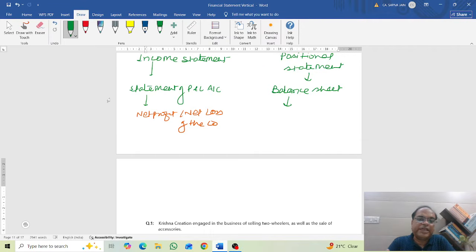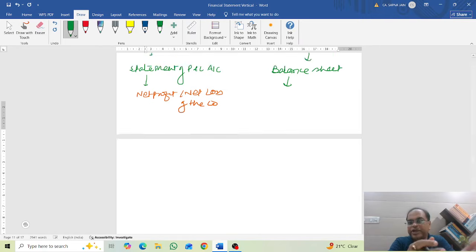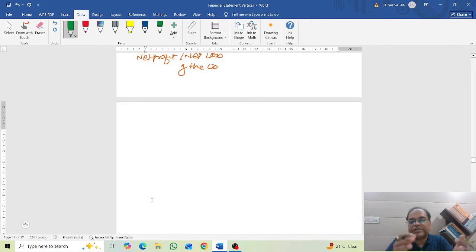Number first is the income statement, statement of profit and loss account, and number second is the balance sheet. Now for the company, whenever we prepare the profit and loss account and balance sheet, there is a specific format to prepare the financial statement. And we have already discussed the specific format given under Schedule 3 of the Companies Act 2013.